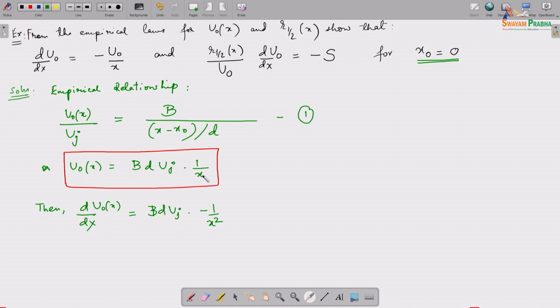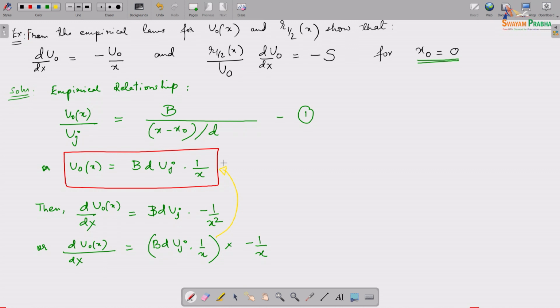So this is b d u j into 1 by x, into minus 1 by x. Makes sense, right? And this is the part which we can get an expression for here.